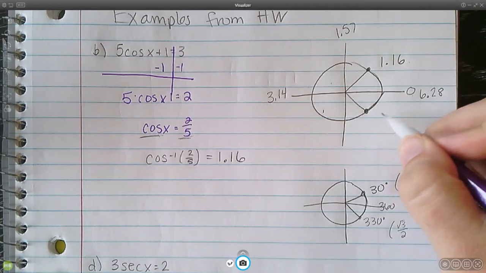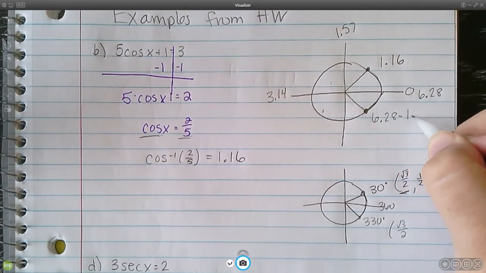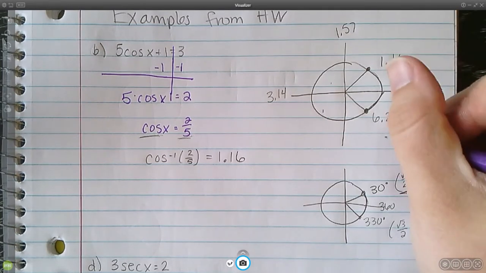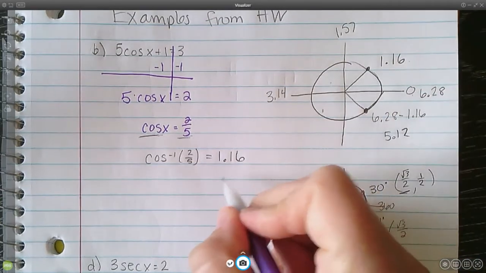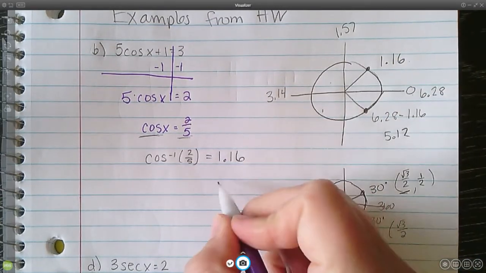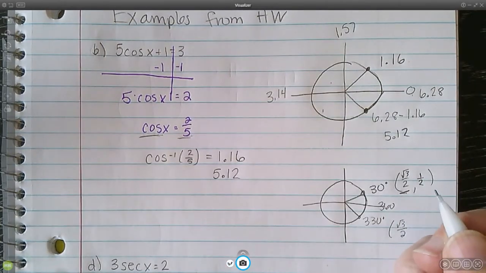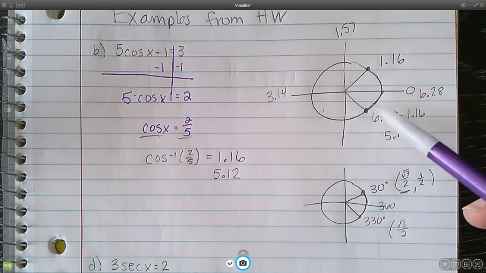So to find this, you take 6.28 minus 1.16, and that is 5.12. So our answers are 1.16 and 5.12. This is radians.